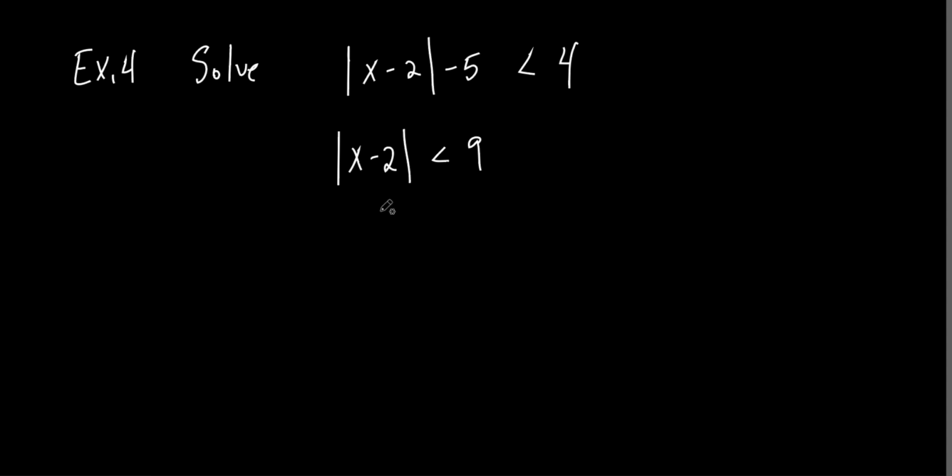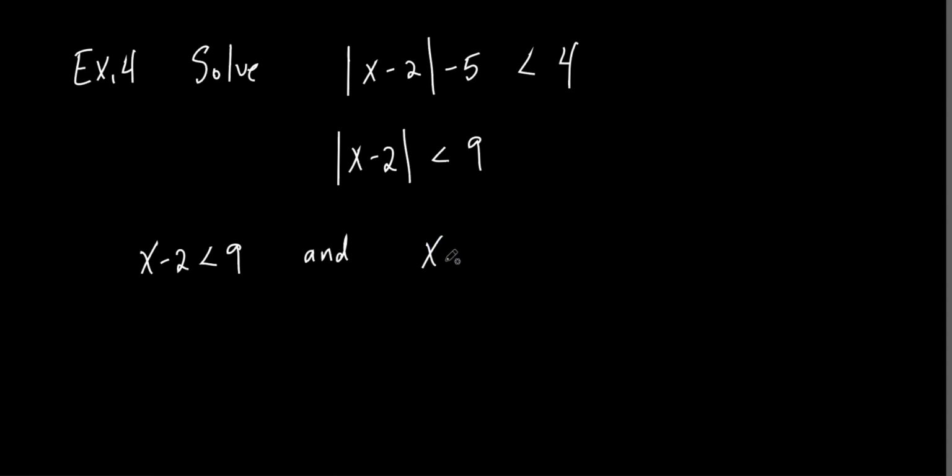Now what we're going to do is break it down into two inequalities. So the first one, we just write it without the absolute value, and nothing changes, except we just got rid of the absolute value. Everybody okay with that? We'll solve for x in a minute, but I want to put an and. What else do we have?